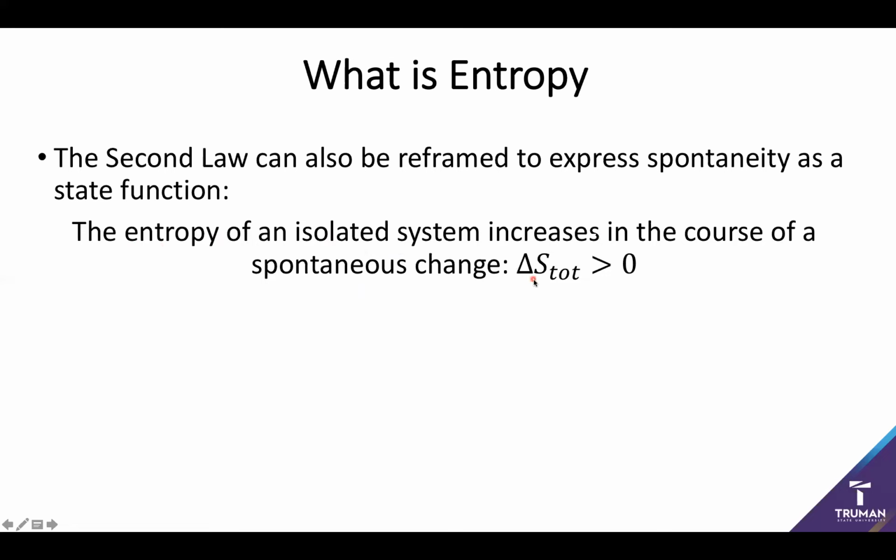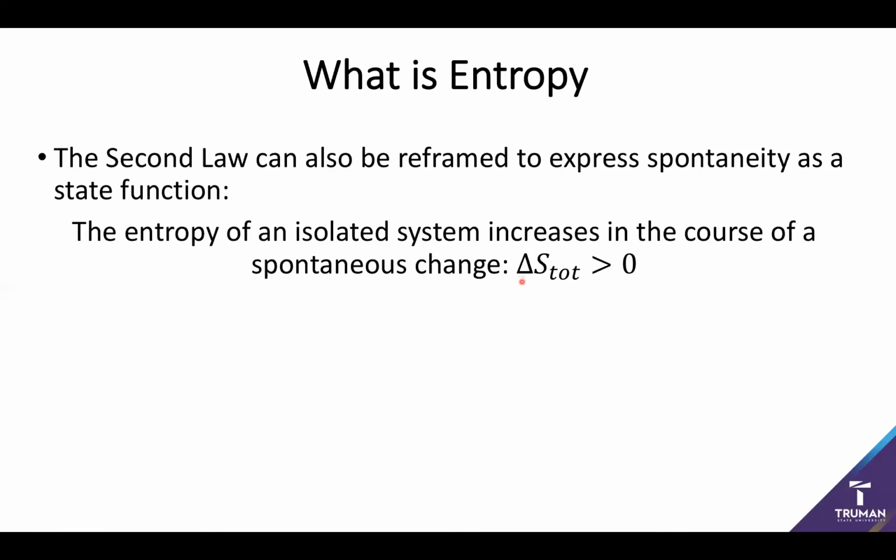So I need some sort of state function that's only going to increase whenever I have something that happens naturally. And if I have something that's an unfavorable reaction, this total entropy should be negative. And thus, we have a simple metric of saying whether something is possible.